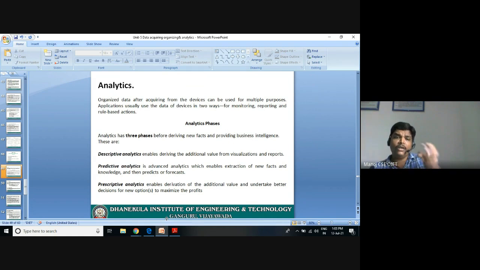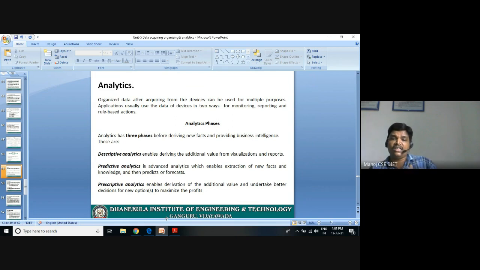And coming to prescriptive analytics, it enables derivation of additional value and undertaking better decisions with new options to maximize the profits. Decision making is very important regarding every business enterprise.